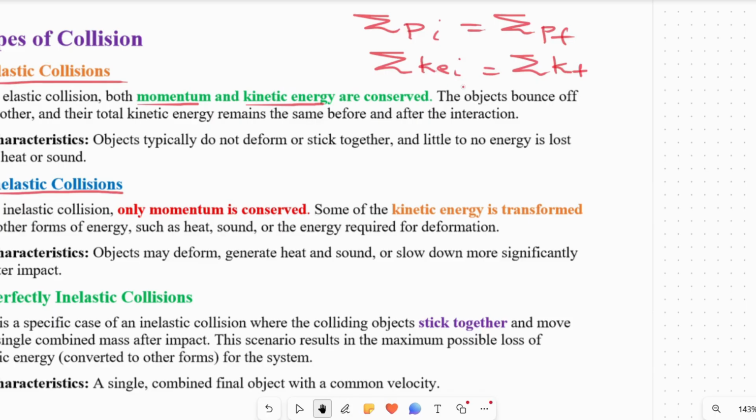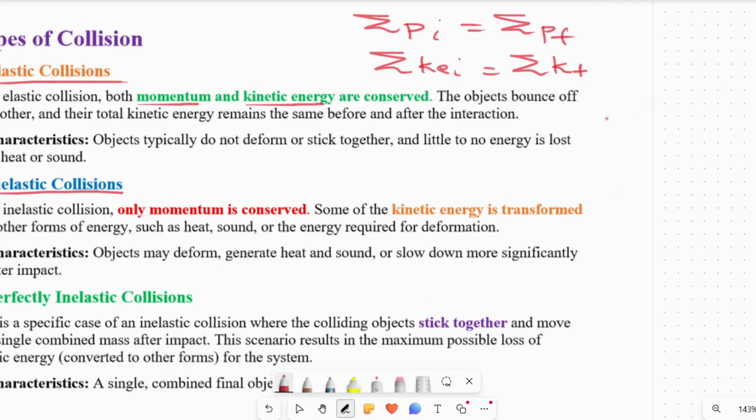Normally you can understand it this way: whenever there's a collision, if they tell you the collision is elastic, it means this is true. Remember, I have object number one and object number two coming into collision.